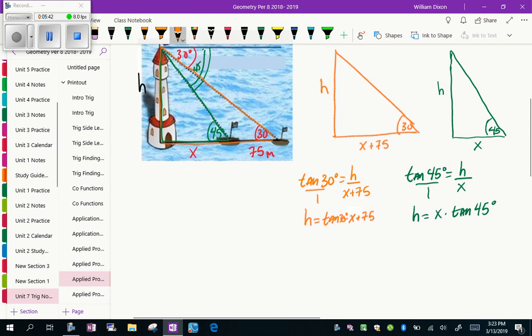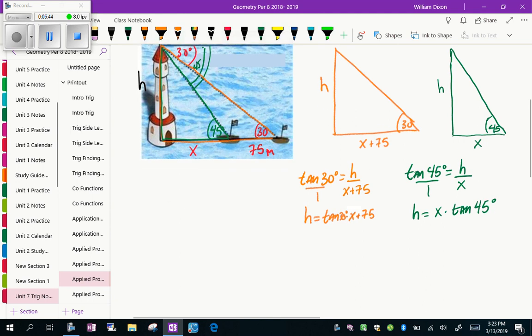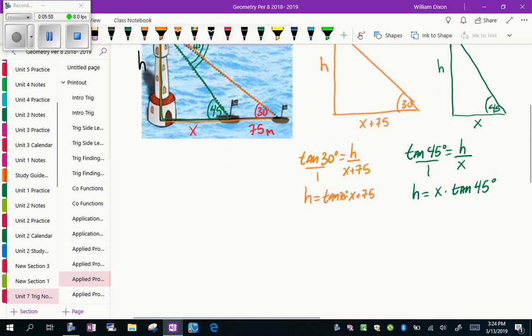Okay, now what we should notice, and which is very important, is that I have two equations, and the two equations have two different variables. So I have a system of equations. This goes back to your algebra and the concept that I discussed earlier today. Since both of these equations are equal to h, which is the height of the lighthouse, I can set them equal to each other.